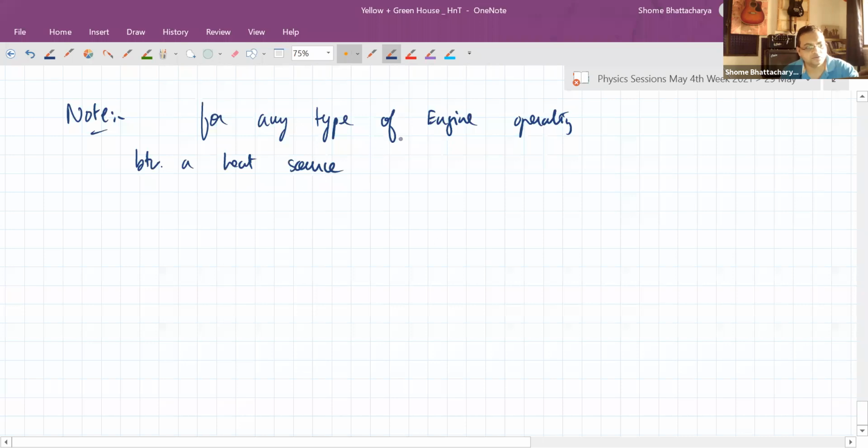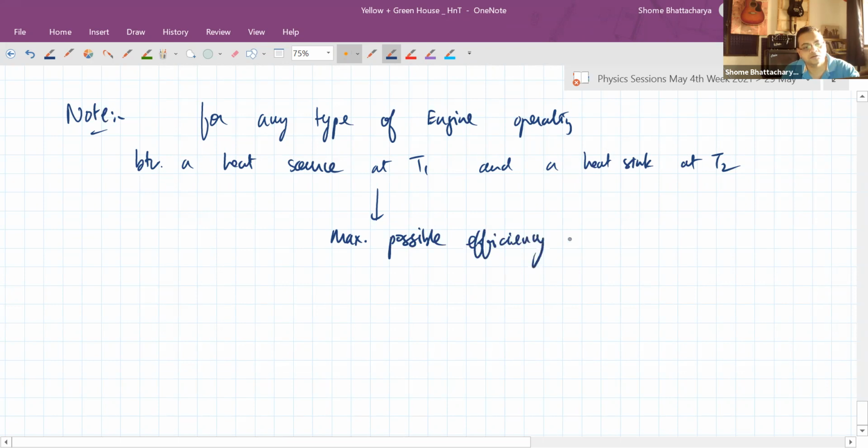It's done. Okay. So for any type of heat engine operating between a heat source at temperature T1 and a heat sink at temperature T2, the maximum possible efficiency will be equal to 1 minus T2 by T1.